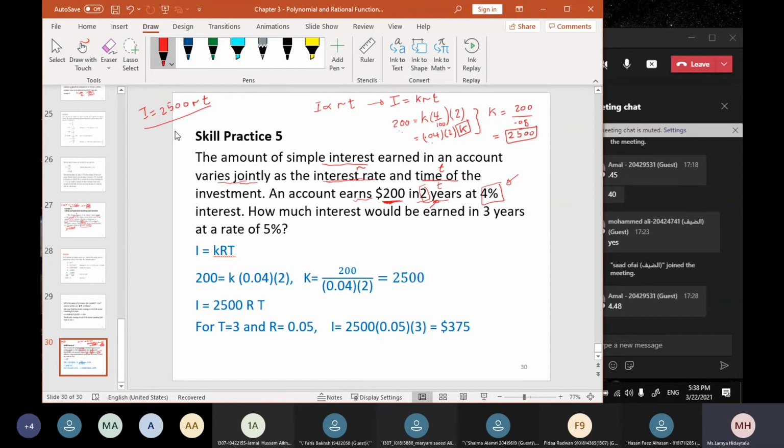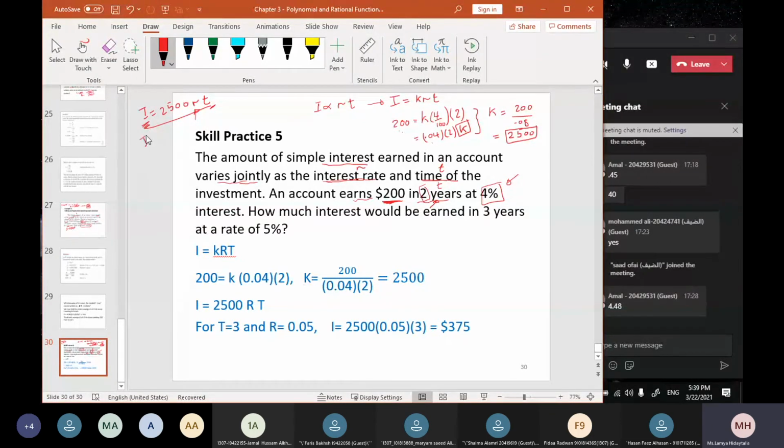Now, how much interest would be earned in 3 years at a rate of 5%? So after 3 years, if the bank gave you a rate of 5%, what is going to be your interest?